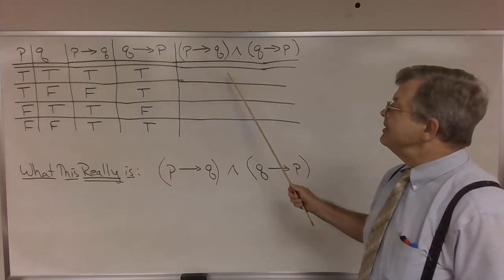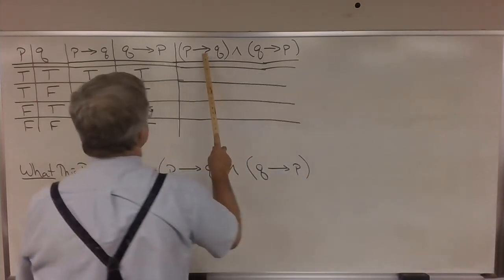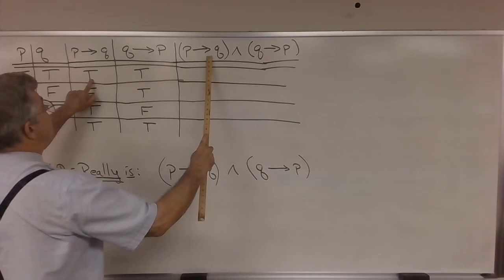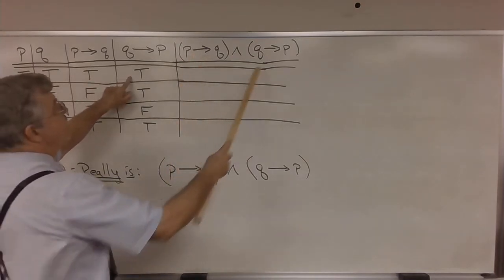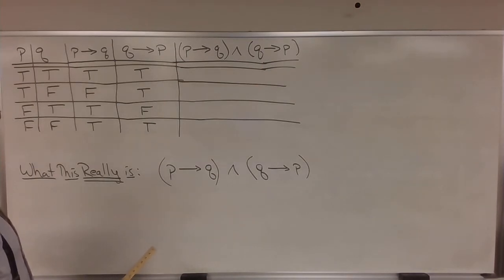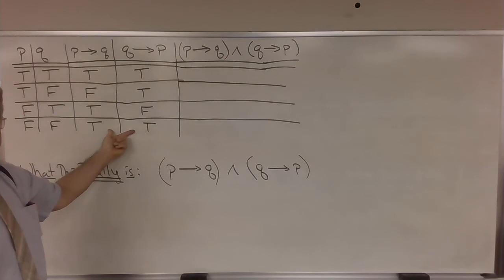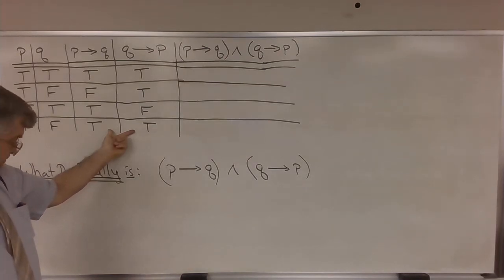So the only time that this thing is going to be true is when P implies Q is true, right here, and Q implies P is true right here. Oh, that happens here. It happens here also. Son of a gun.